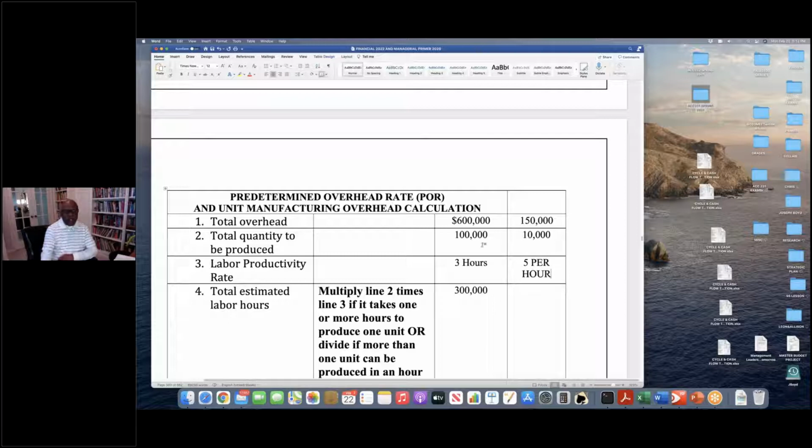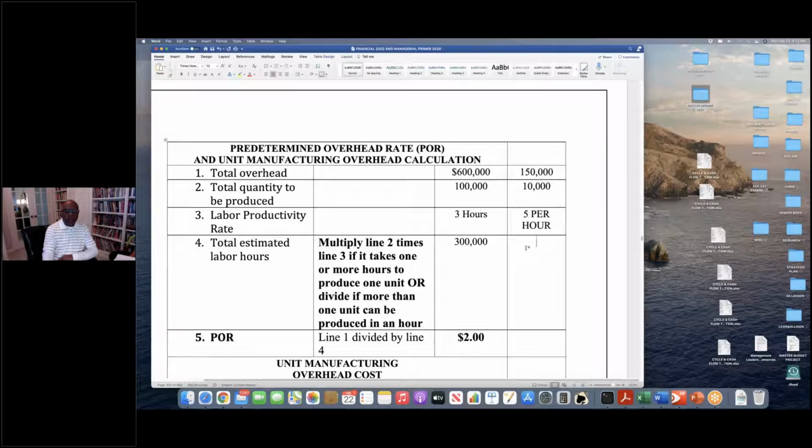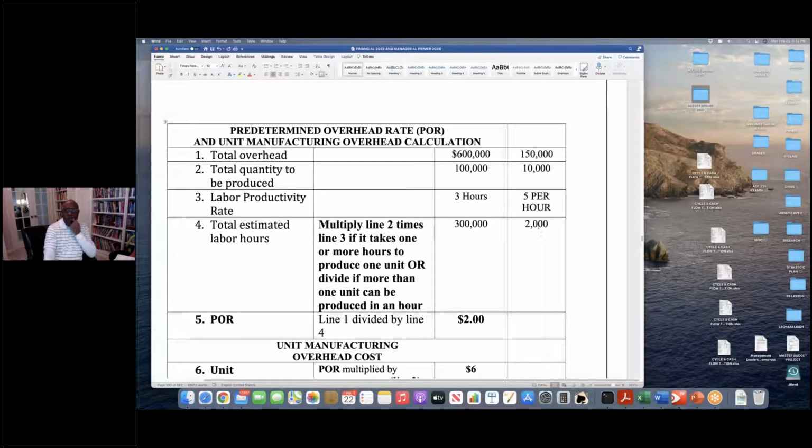So how many hours is it going to take you to make it if you can make 5 an hour? 2,000 hours. So what's our POR going to be? 75,000. No, I don't think it's 75,000. 75. I'm sorry, 75.